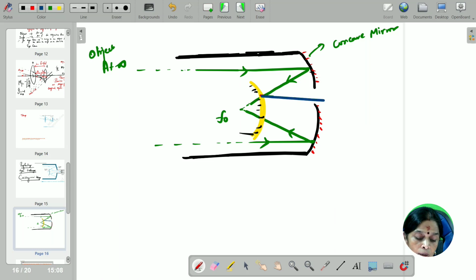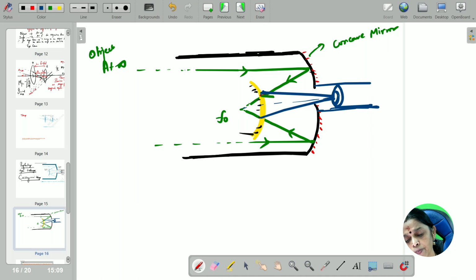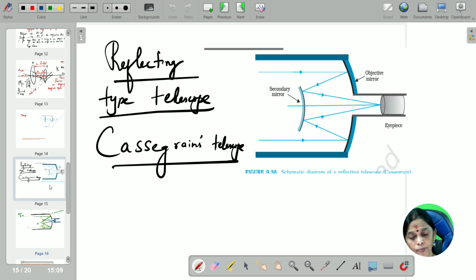See here, the diverged rays of light are allowed to fall through the eyepiece. Check here, yes, it is falling through the eyepiece, right?